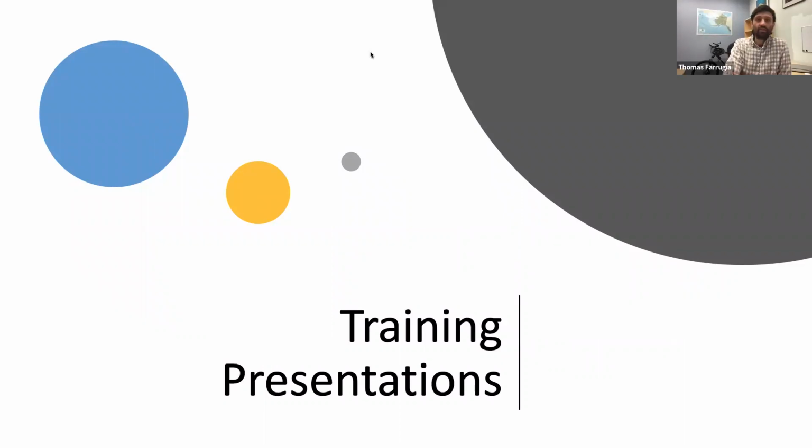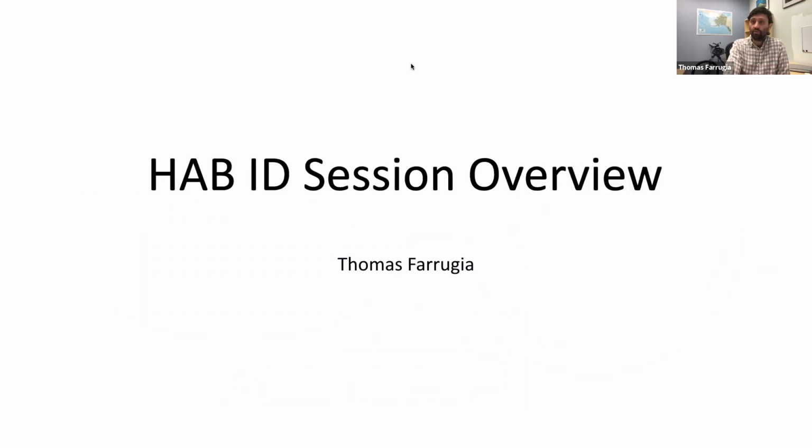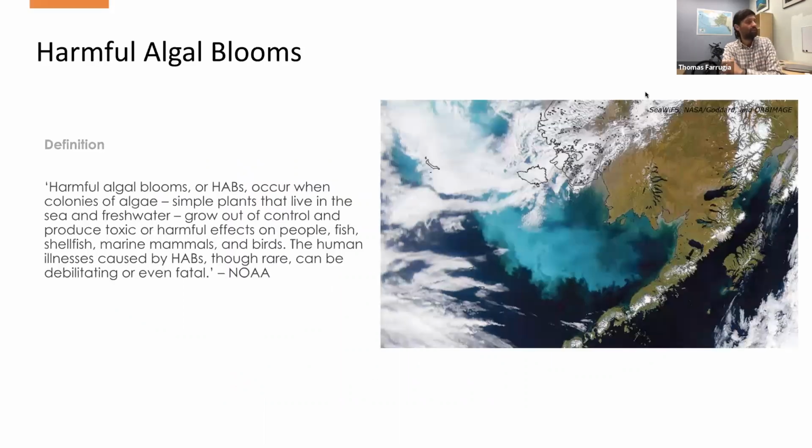Perfect, excellent. Thank you. Thanks for that, Rosie. So let's just dive right into it so that we give plenty of time to the panel to talk to us about harmful algal bloom identification. I know most of you have seen this before, but just as a reminder, harmful algal blooms occur when colonies of algae grow out of control and produce toxic or harmful effects that usually impact people, fish, shellfish, marine mammals, and birds.